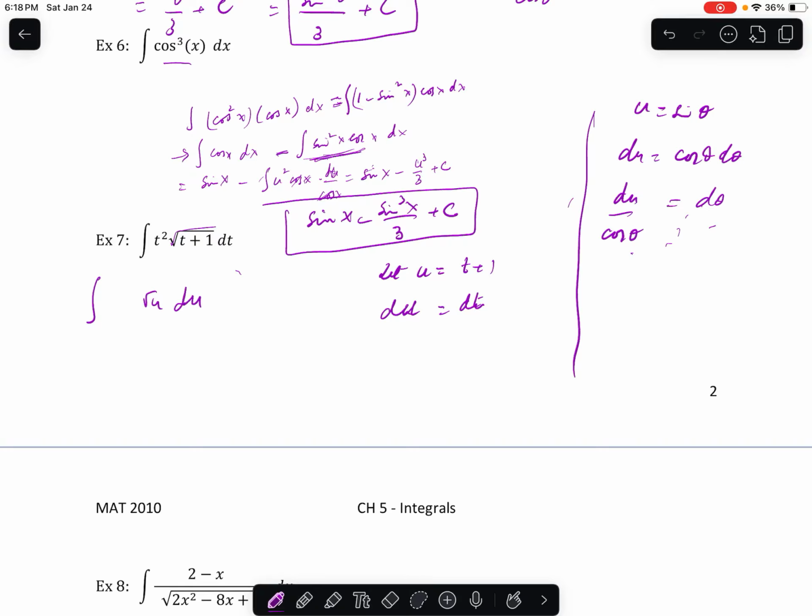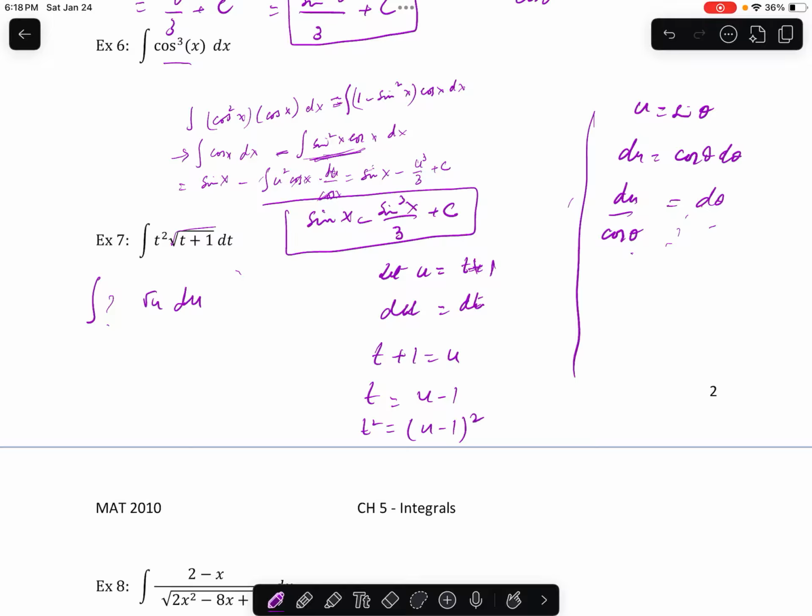But what happens here? What about t squared? How do we figure out t squared? For that, I will look at my expression here. So t plus 1 is equal to u. So t will be equal to u minus 1. So t squared will be equal to u minus 1 whole squared.